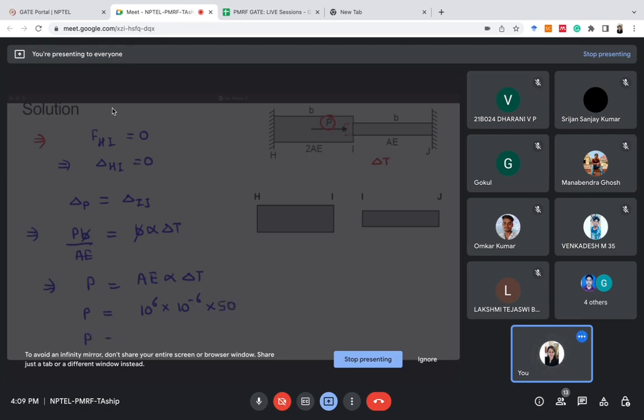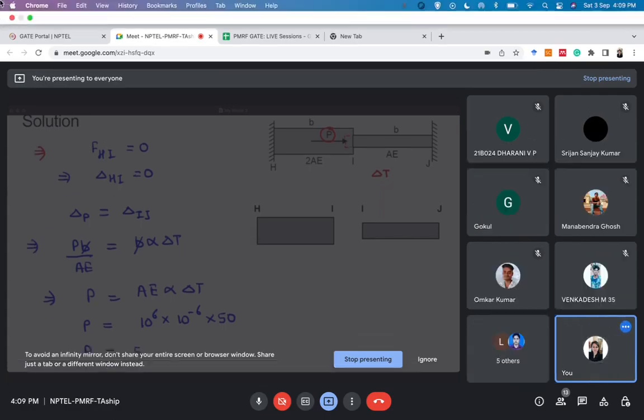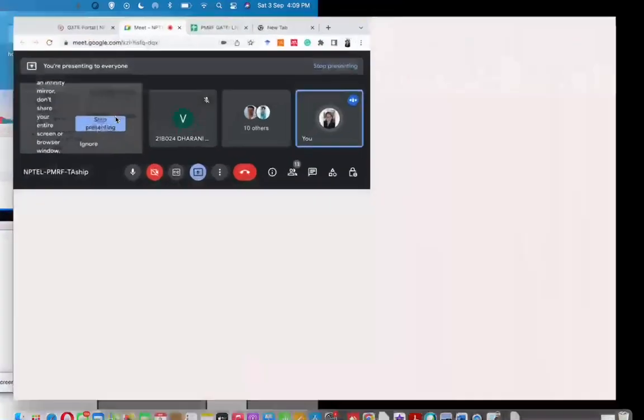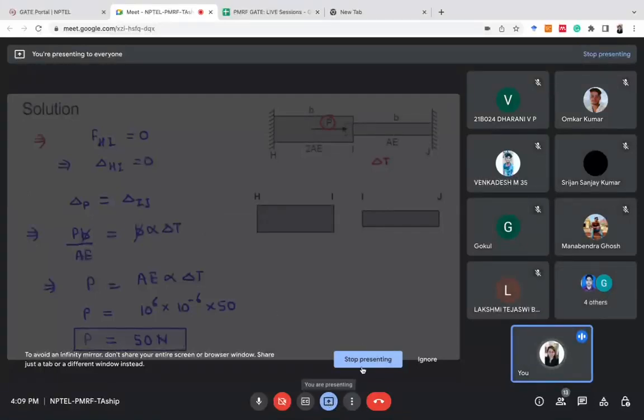So the value of P will be 50 Newton. This is our final answer: the value of the applied force will be 50 Newton.